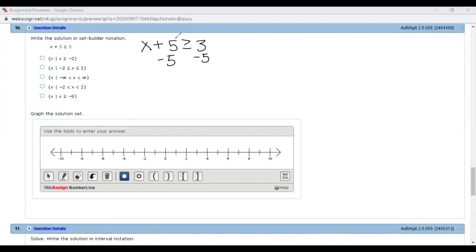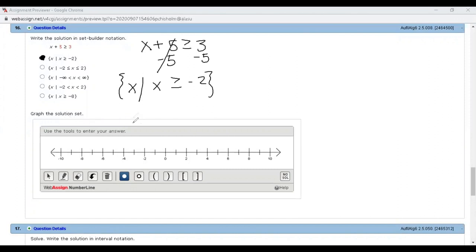So if we go ahead and do that, we have x greater than or equal to -2. Okay, so we have to find the answer that looks just like this, but we have that x in that bar, and we have it in our set brackets. So as we can see, that is the first bubble.